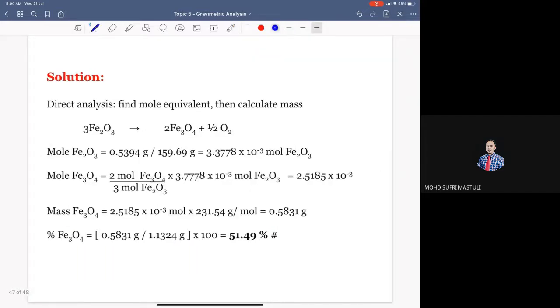So gravimetric factor is the molecular weight of analyte over molecular weight of sample, times mole of analyte over mole of sample.